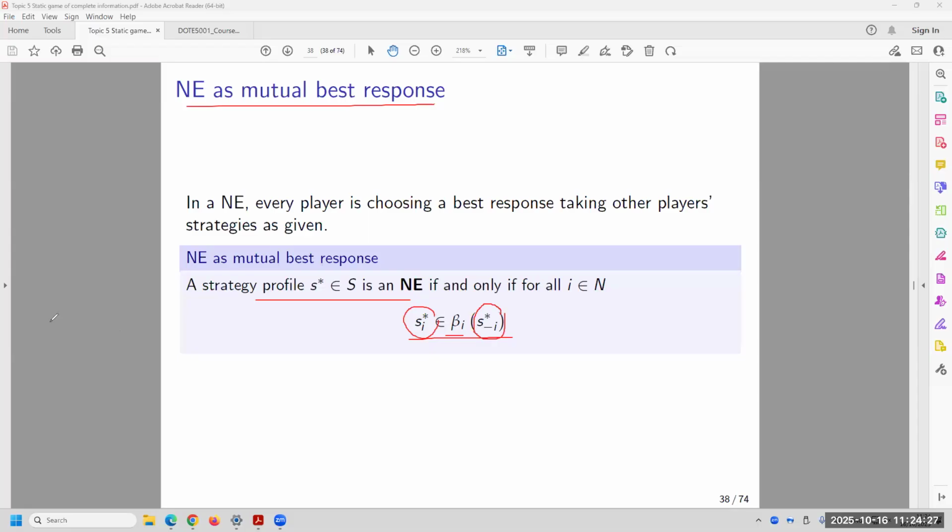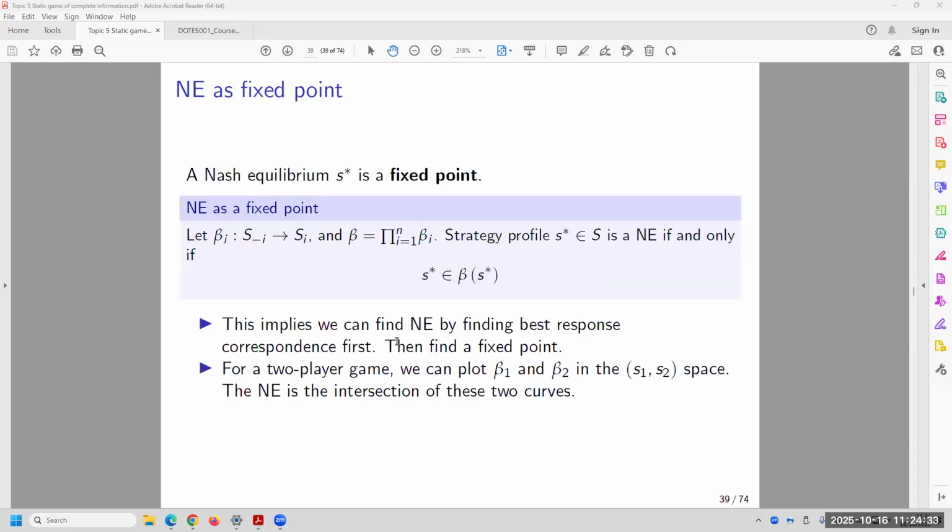Why do I still want to talk about that? Because that is the idea of a fixed point. It's a math idea, and Nash equilibrium is a fixed point.